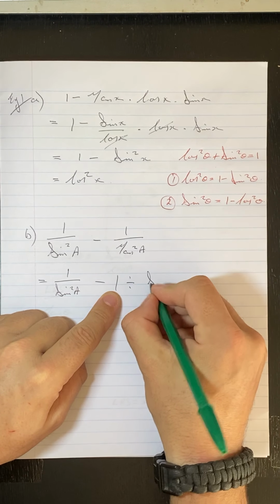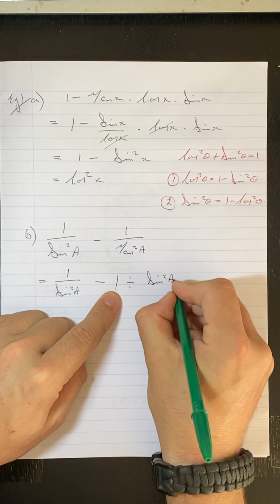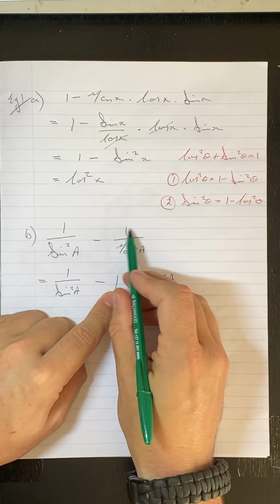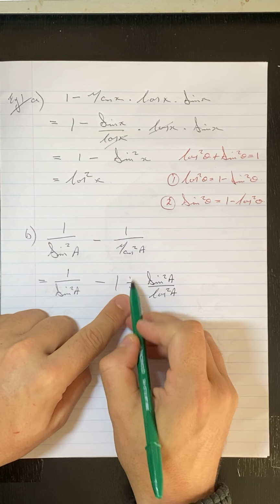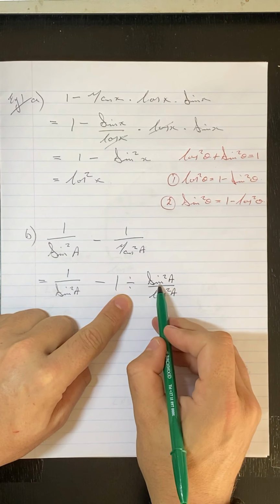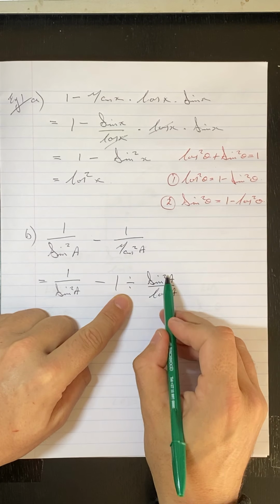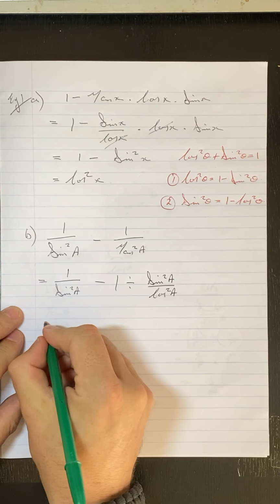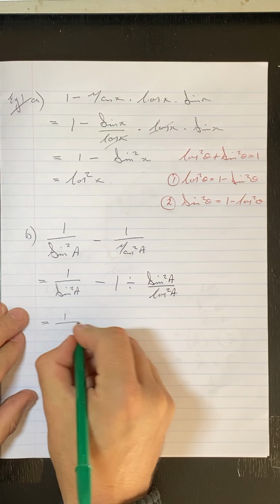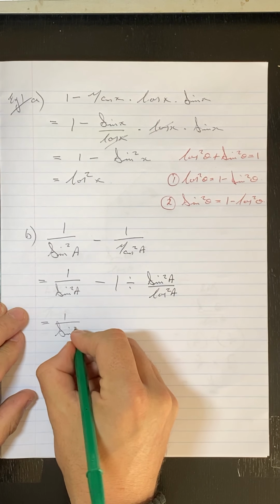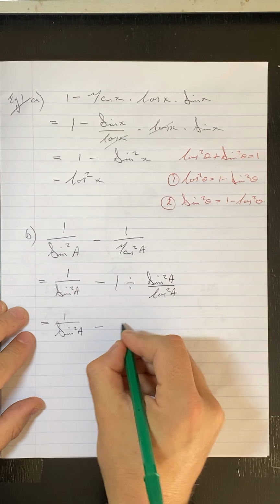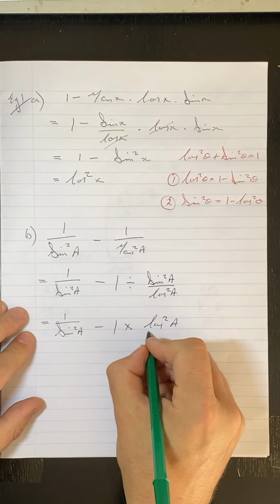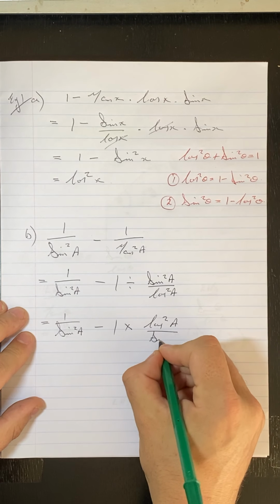So here we get sine squared a over cos squared a, because it was squared, both of them are squared. So this I tip and times, and it becomes 1 over sine squared a minus 1 times cos squared a over sine squared a.